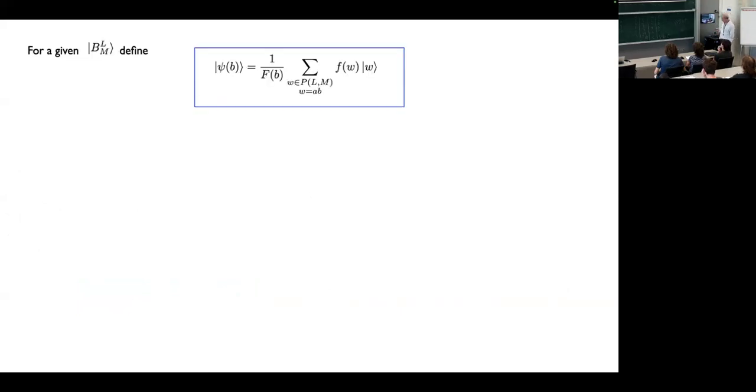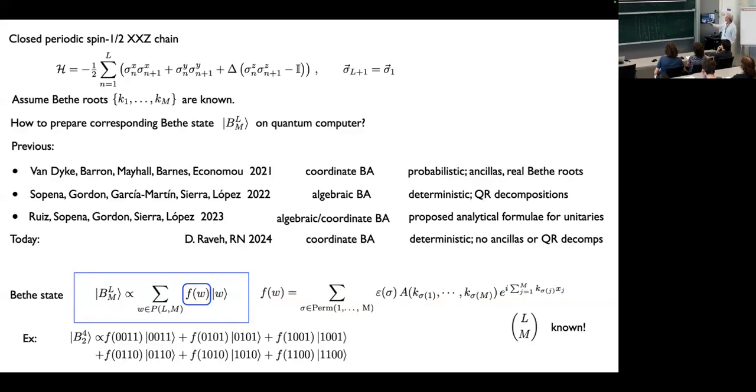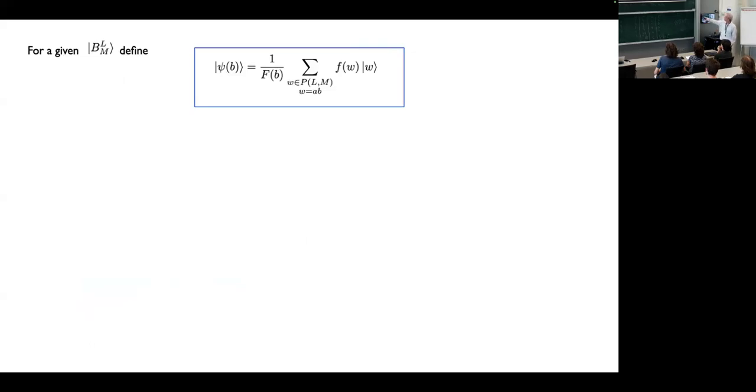So the job is how to prepare this. For a given Bethe state, it's going to be important to define this quantity here, psi of b, defined here. What this means is I'm summing over all permutations of the form a b, so they end in b. In other words, if I can write w as the tensor product a with b, then those are the ones I include in the sum with the right coefficient.